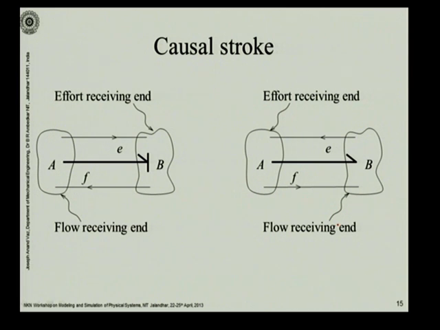Where should we put the causal stroke? It is to be placed towards A, because the end which receives the effort is the one on which the stroke should be placed. So this is a very simple yet elegant way of representing the cause and effect relationship in bond graph.